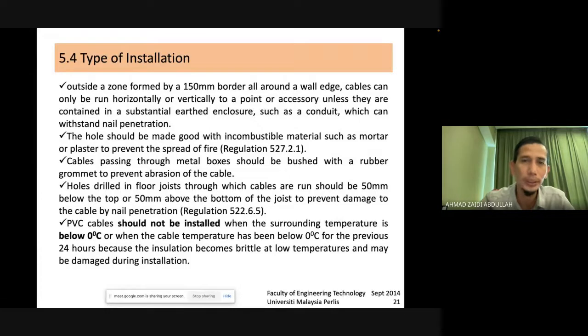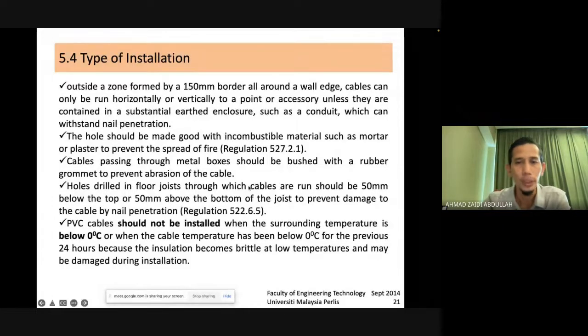So normally 30 degree and above. So kalau 0 degree, meaning that kabel ni takkan boleh tahan. Normally, kalau istilah dia, dia panggil brittle lah. Brittle tu dia rapuh. Ayat bahasa Melayu dia rapuh.